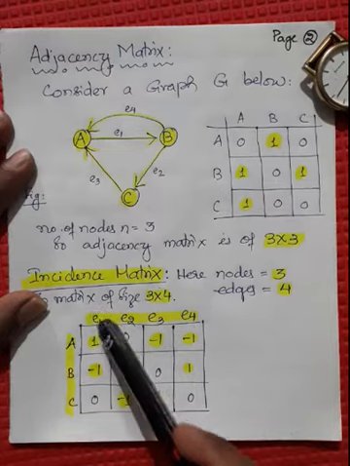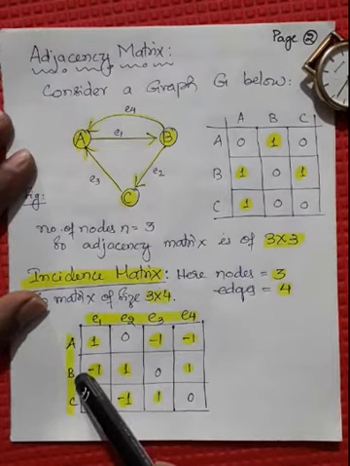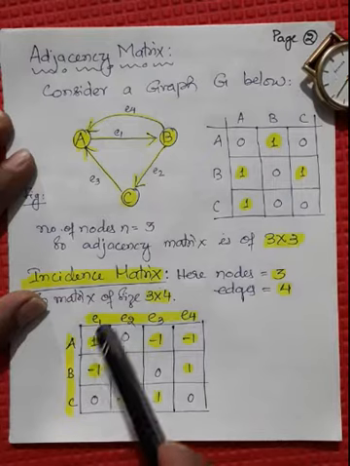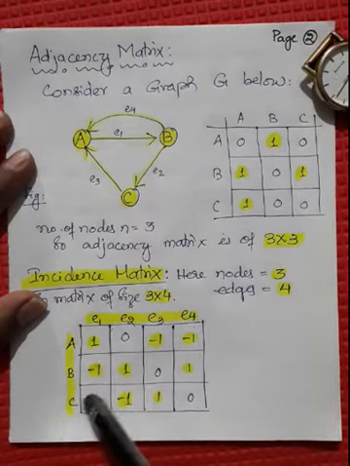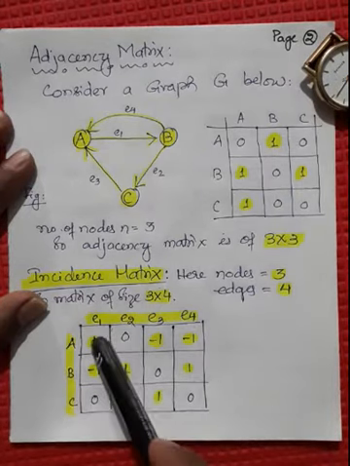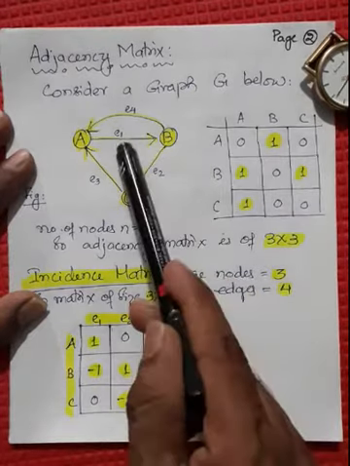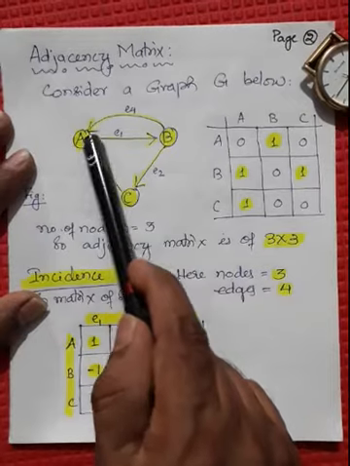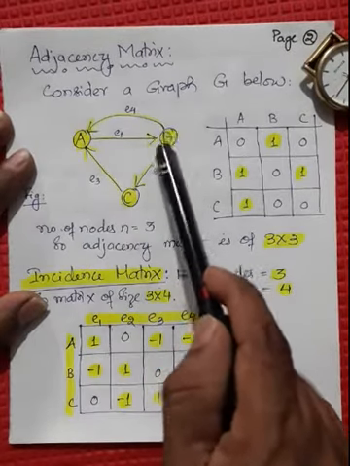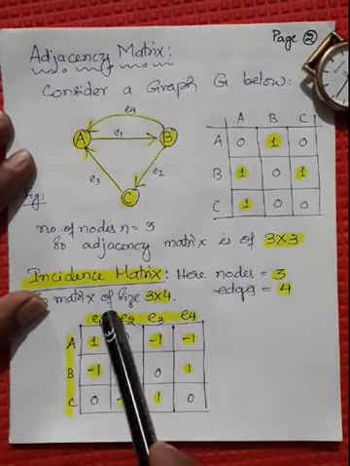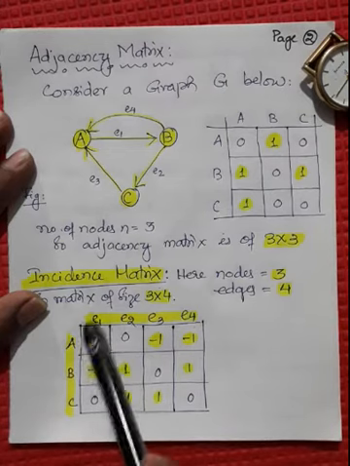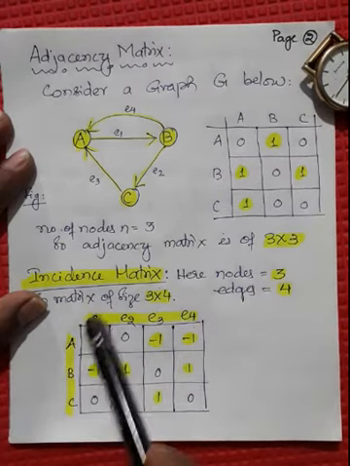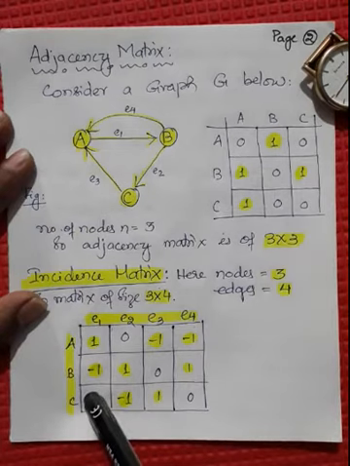E1's source is A and destination is B, that is why 1 and -1 are there. E1 does not have any relationship with C, that is why it is 0. You can observe in the graph that E1 starts from A moving to B. Source is A, destination is B. So for A, E1 it is 1, for B, E1 it is -1, for C, E1 it is 0.